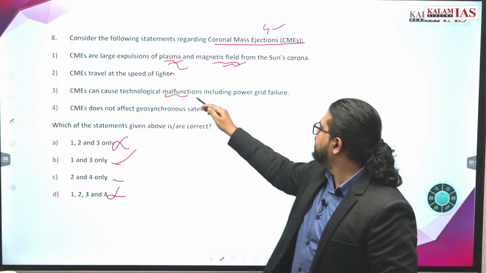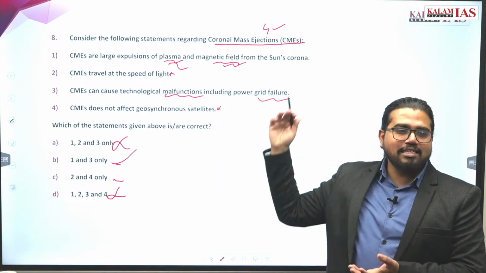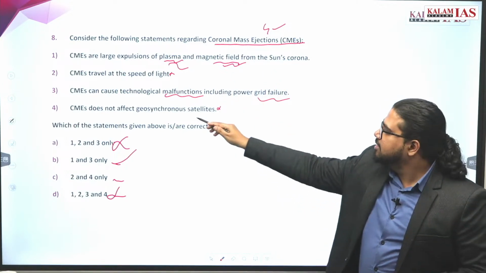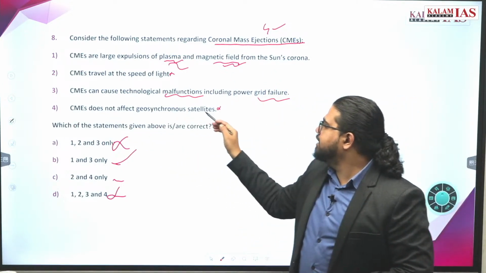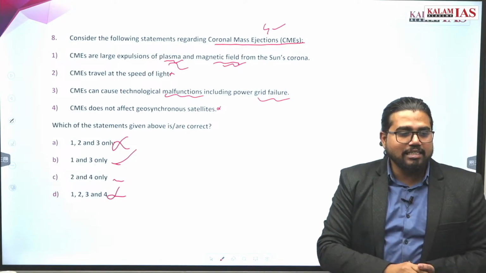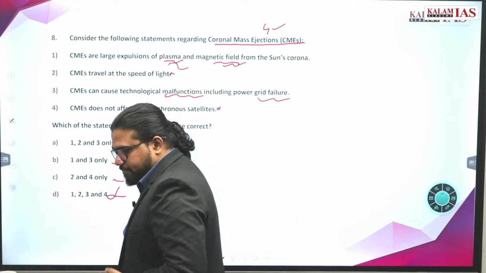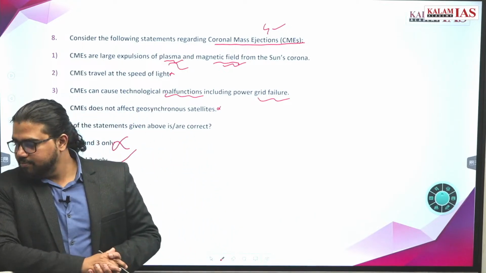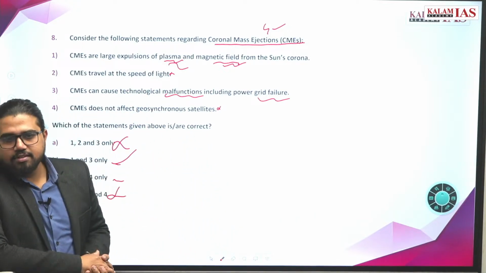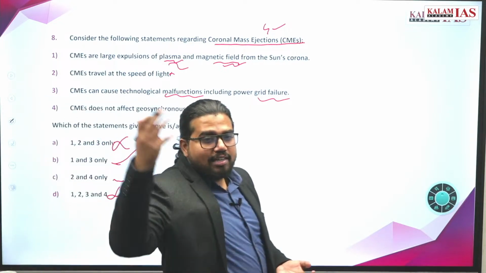Now technological malfunctions, grid failure, all these are features associated with this. Now it does not affect geosynchronous satellites. What is a geosynchronous satellite? We use it for telecommunication. And what height will it be?